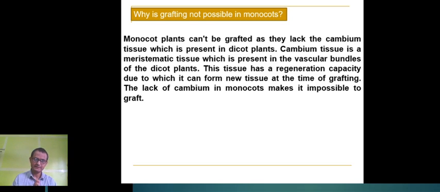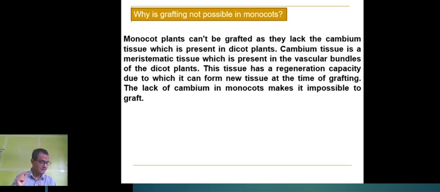So, grafting is not possible in monocot plants, because in case of dicot plants, if you remember your cell chapter or tissue chapter of your first year, that means the class 11 standard, you can understand that in case of dicotyledonous plants, there is a special kind of tissue which is known as the cambium. So cambium is a kind of meristematic tissue, okay, which is present in the vascular bundles.